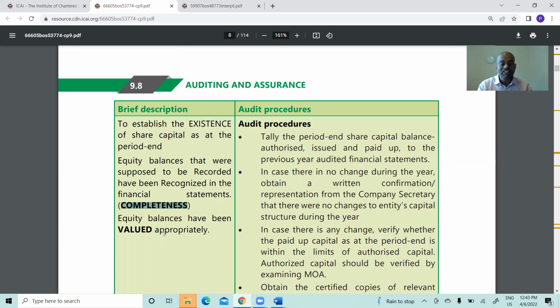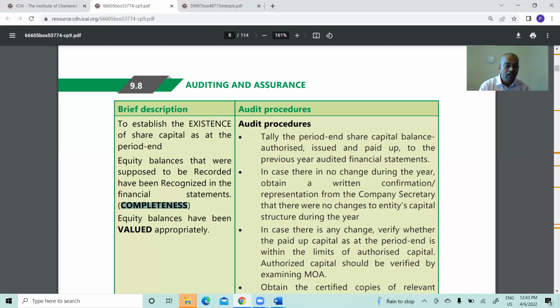So Pavan sir, how am I supposed to write the answer? Listen carefully. If the question is, how do you verify share capital? First, share capital, underline. What is share capital? Write one para, 2-3 points.